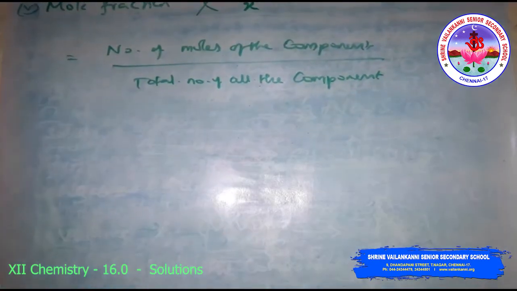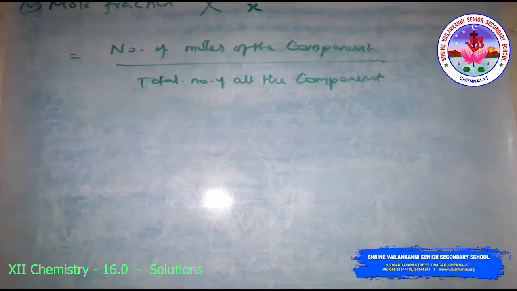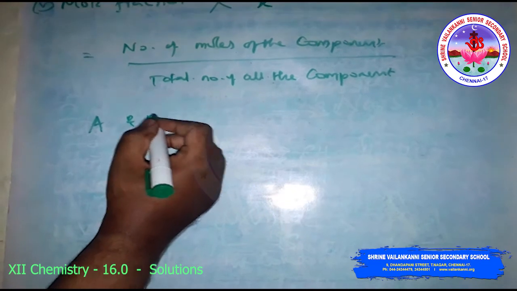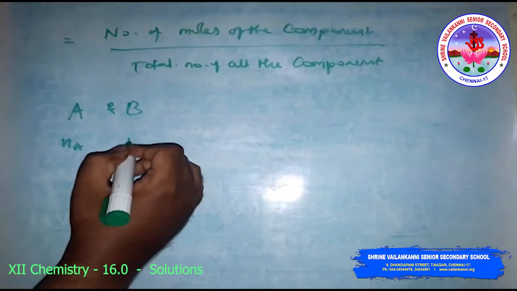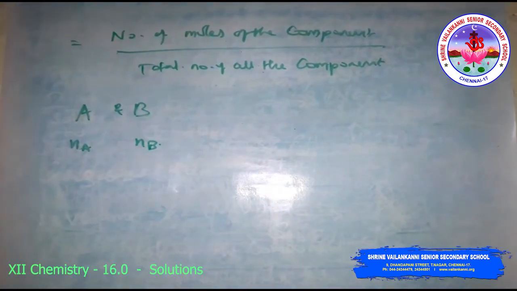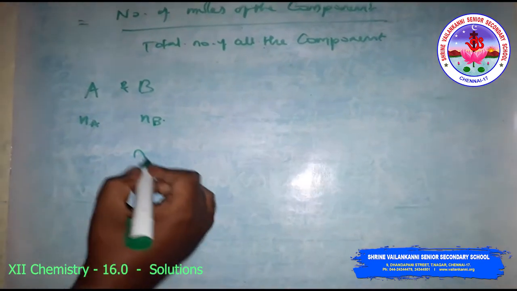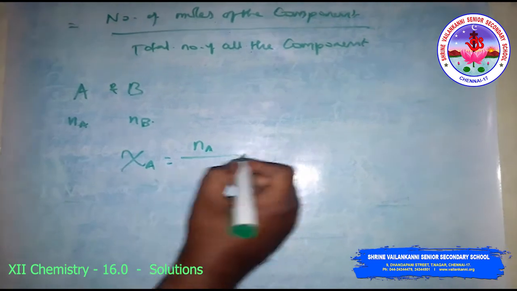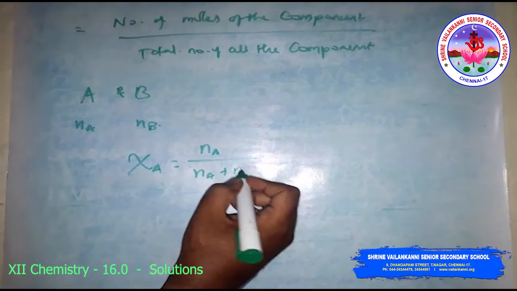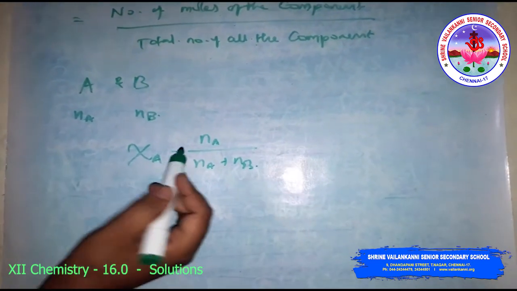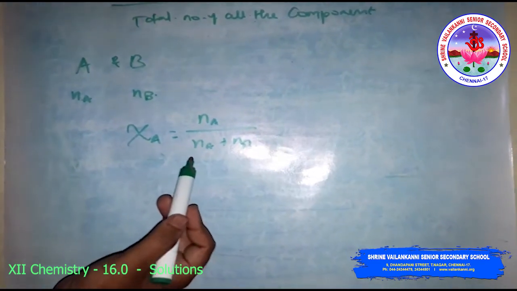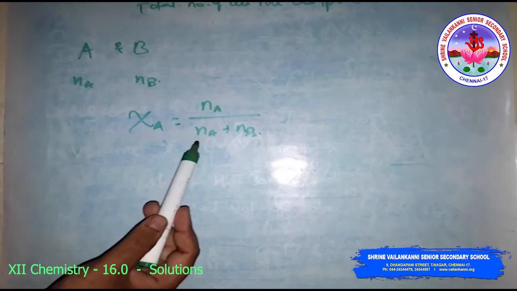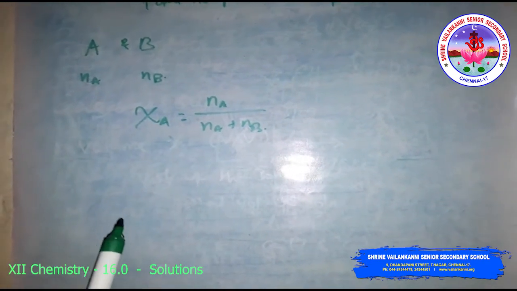Here, for example, a binary mixture, the number of moles of A and B are Na and Nb. The mole fraction of A, chi A, is equal to Na divided by Na plus Nb. This is the number of moles of the component, and this is the total number of moles of all components.